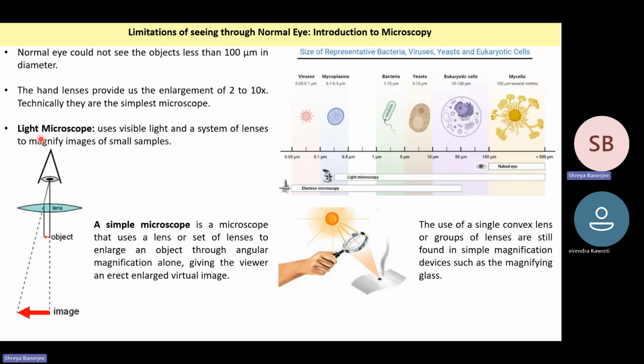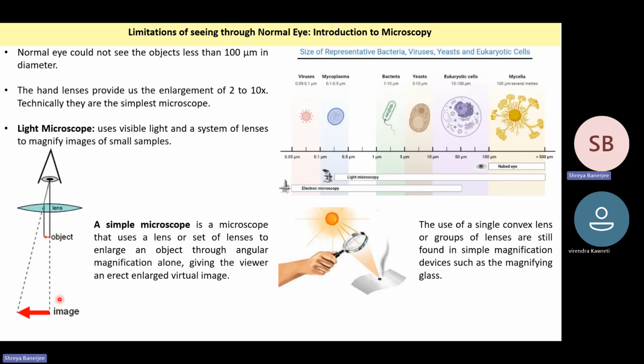This is the basic concept of the light microscope, which uses visible light, and it can resolve objects up to around 0.25 micrometer. So you can see bacteria, eukaryotic cells, up to mycoplasma using the light microscope. This simple microscope uses a lens or a set of lenses to enlarge an object through angular magnification alone, giving the viewer an erect, enlarged virtual image. It's called erect because it is in the same orientation as the object.